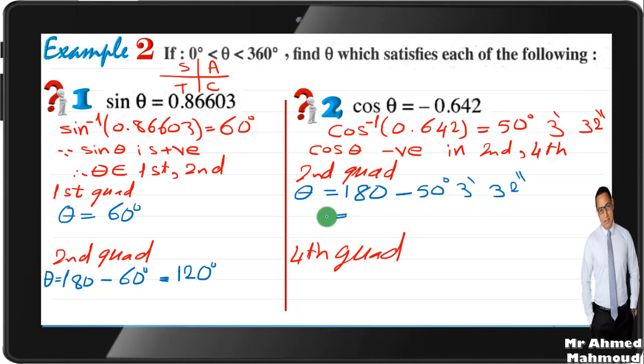So the angle equals 129 degrees, 56 minutes, 28 seconds. And it's not in the fourth, it's in the third.